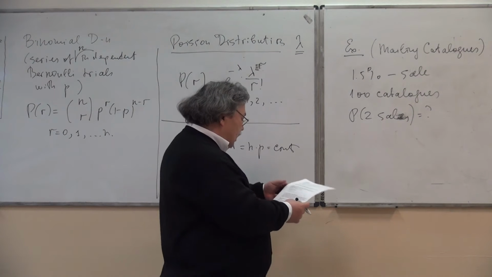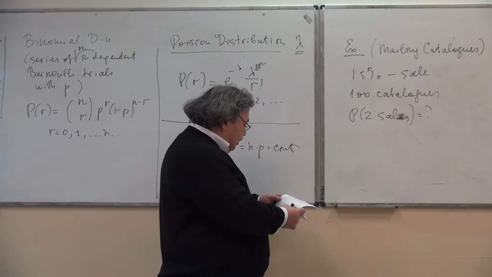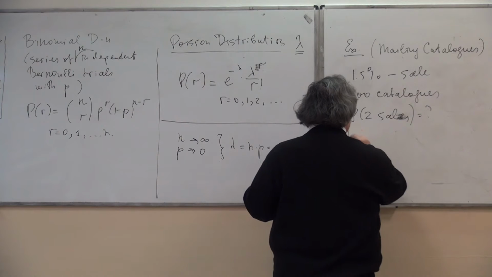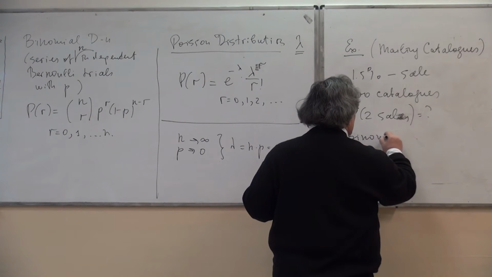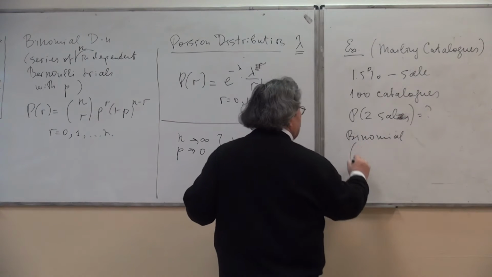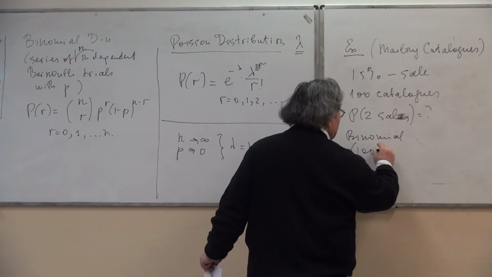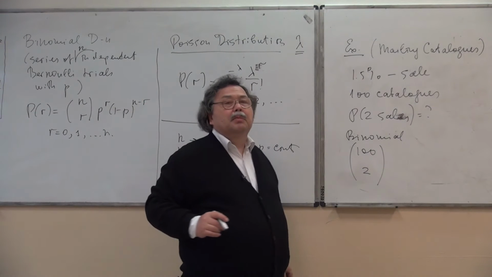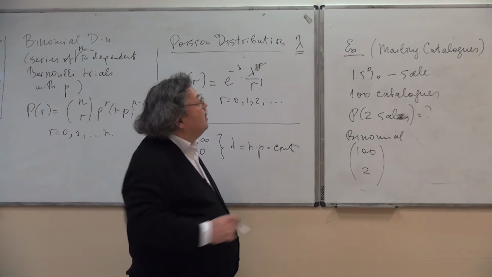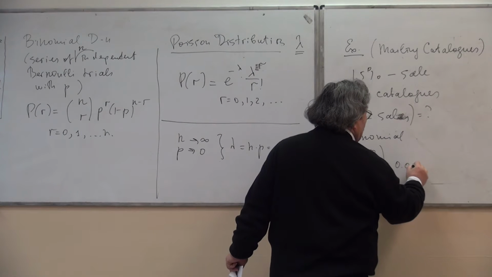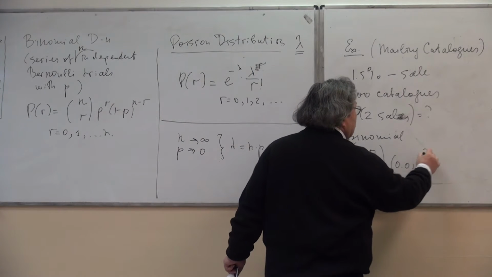All right. Now, in the binomial distribution, the answer is this. 100 choose 2, times the probability of success, which is this, raised to the power 2.